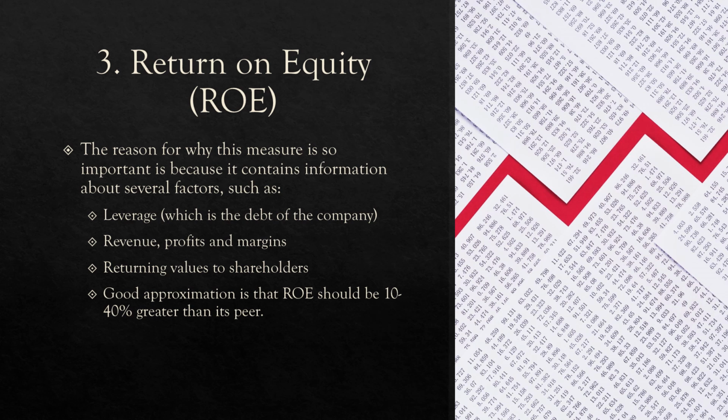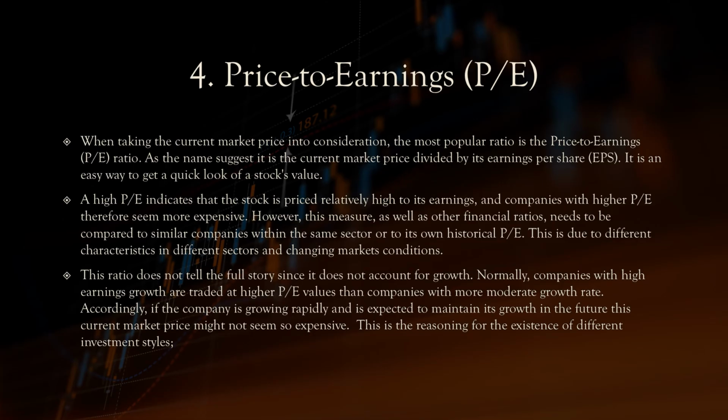The reason this measure is so important is because it contains information about several factors, such as leverage, or the debt of the company, revenue and profit margins, and returning values to shareholders. A good approximation of an ROE should be between 10 to 40%, greater than its peers or its competitors.